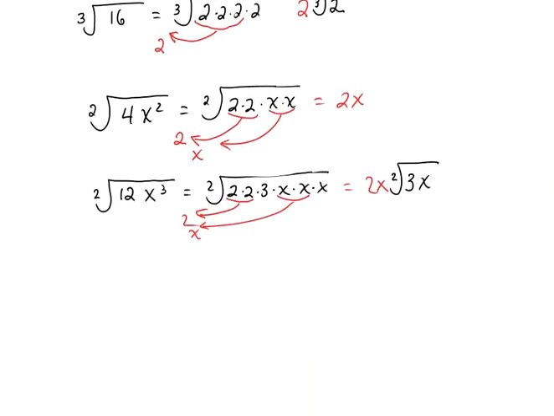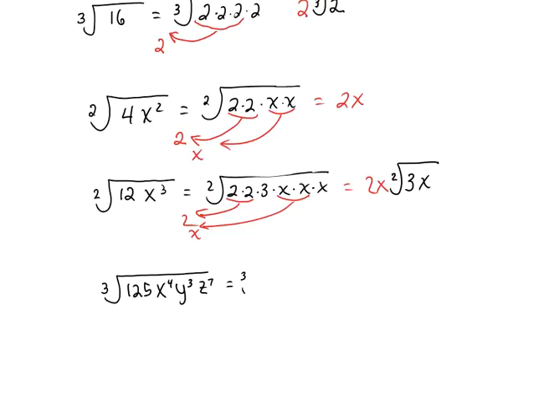Keep going. Let's do a cube root of 125 x to the 4th, y to the 3rd, z to the 7th.